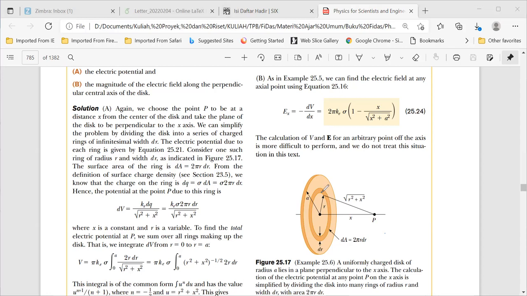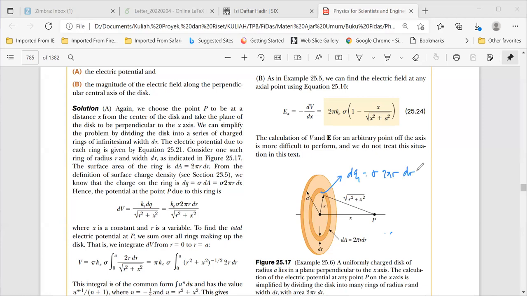This is dq, which is sigma times 2 pi r times dr.